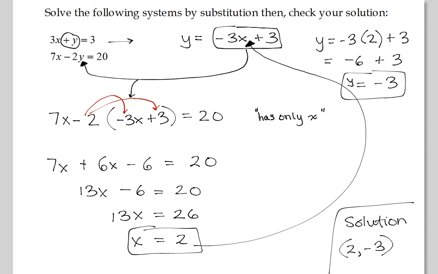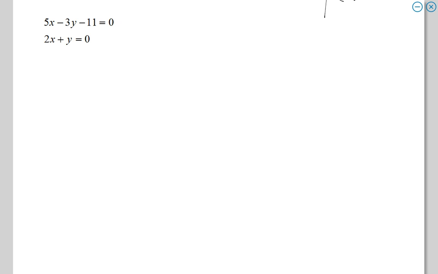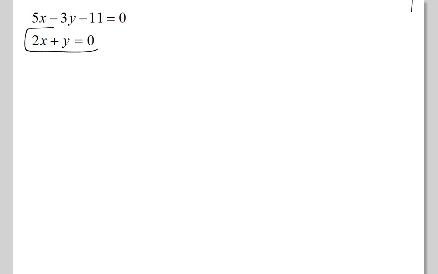Can I go to the next question? You guys want to try this one? All right, so we'll start with the second equation. Take the 2x to the other side.